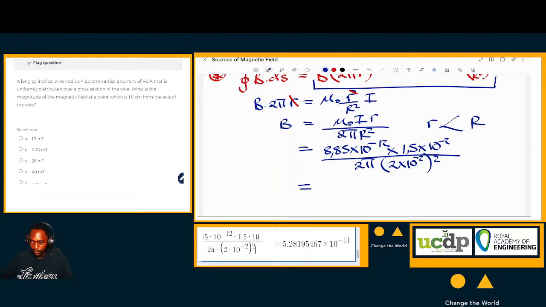The value I'm getting here, I'm just going to extend this so that you can see. I left the I there. What is the current? It's 40.